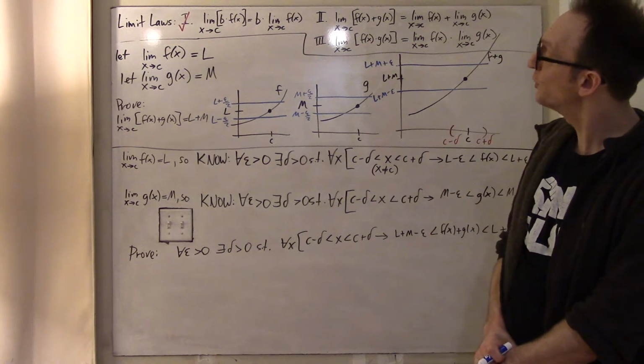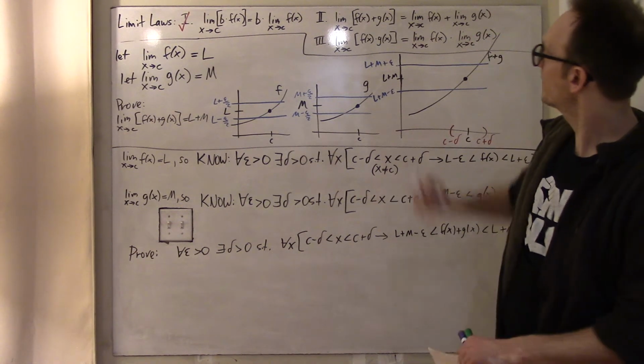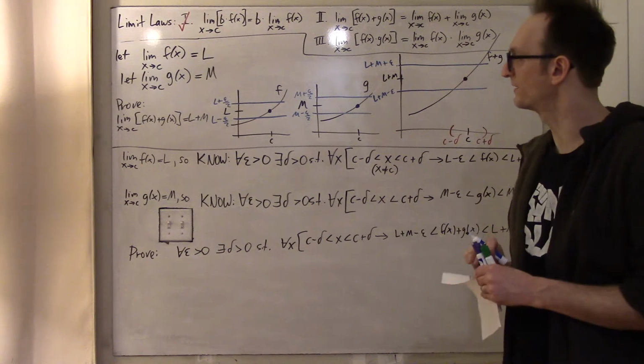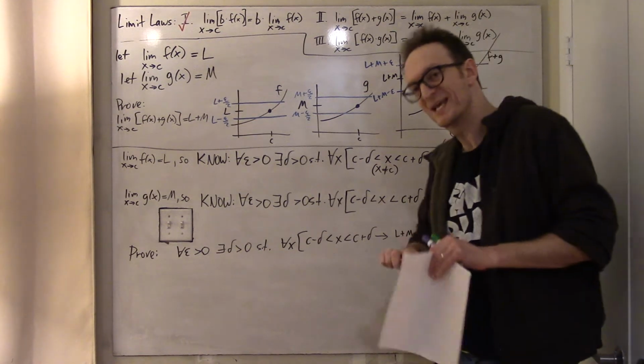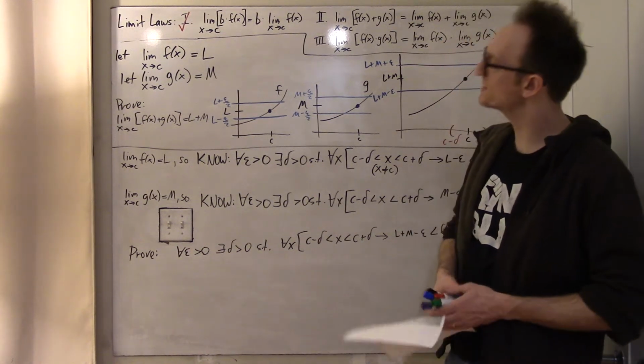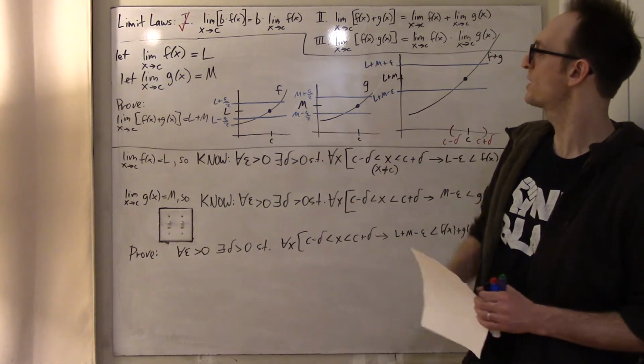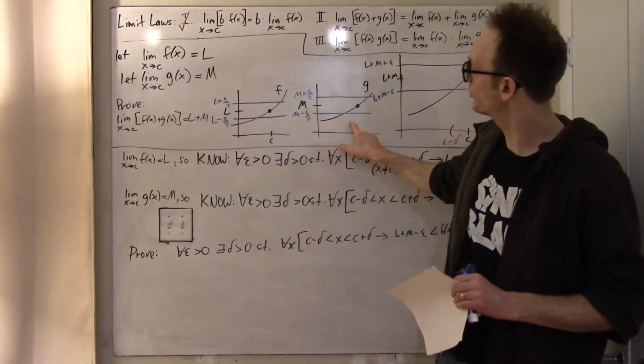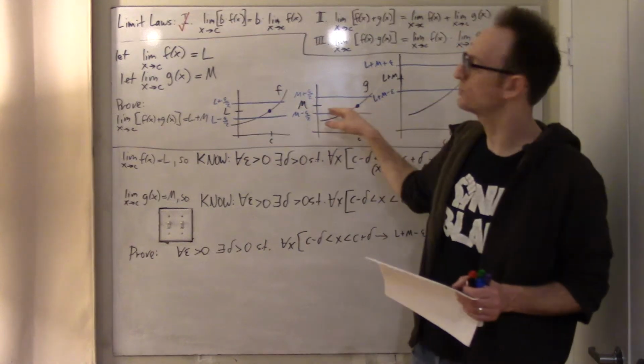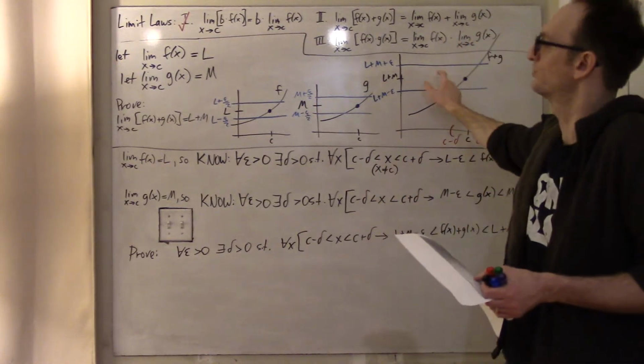Well, if that were true, then when I added these two together, I would be off by at most epsilon. In other words, all I need to do is focus my attention on some x values for which this is true and this is true, and then automatically when I add the two functions together, this will be true.